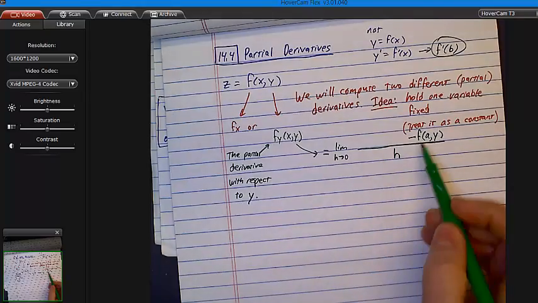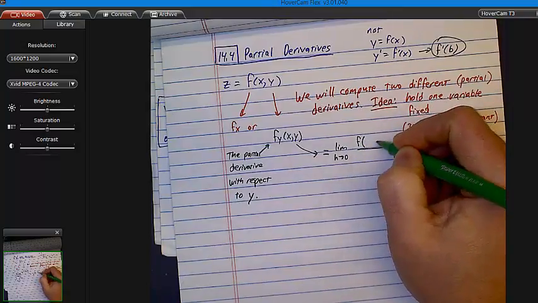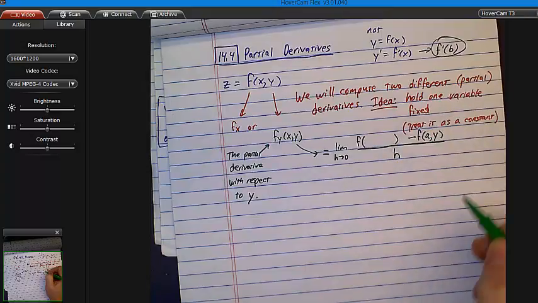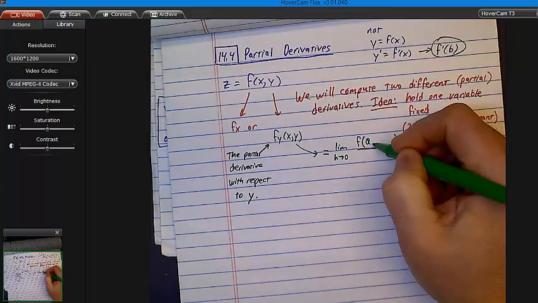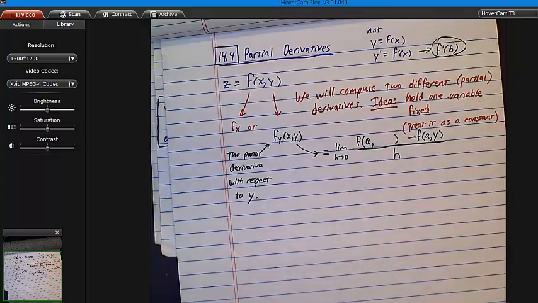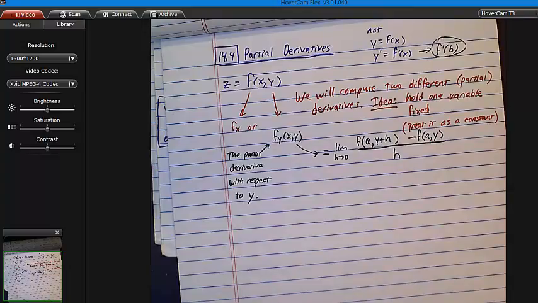Oh yeah, so what goes up here? Well, I guess it would be f of what? a is fixed. We're in the plane x equals a, and so it would be f of a comma y plus h minus f of a comma y, all over h. And so if you think about it, all your old derivative rules are going to work still.